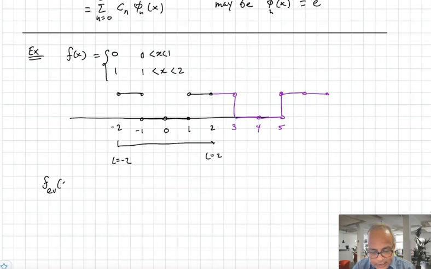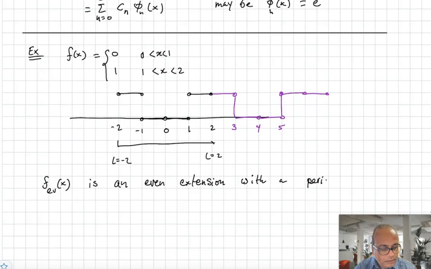So I will say f(x) is an even extension with a period of 4. And since this is an even function, I can write a Fourier cosine series.